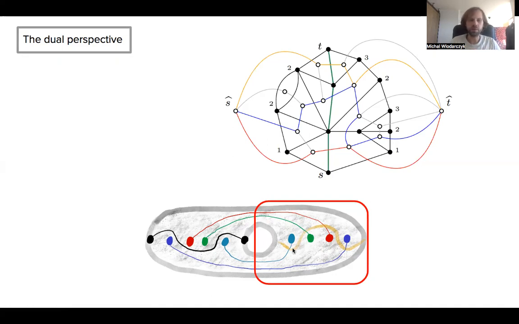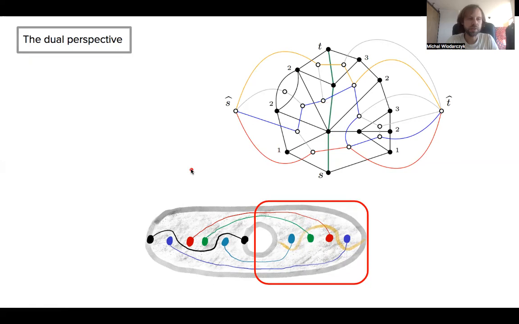In order to encode this information, we take a dual perspective. So we look at the dual graph of this part of the gadget. In a dual graph, every face becomes a vertex, and the edge between two faces becomes an edge connecting the corresponding new vertices. And the old vertices become faces now.